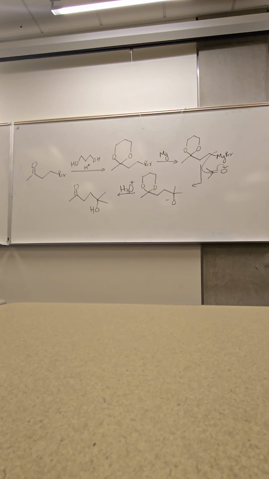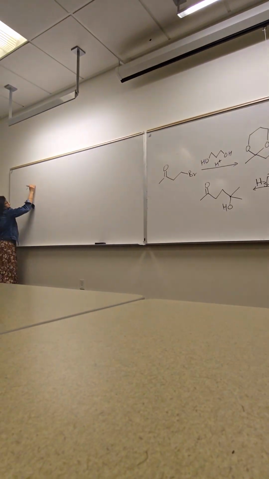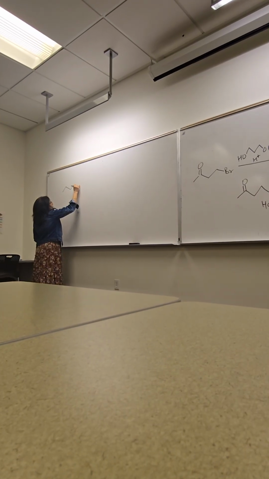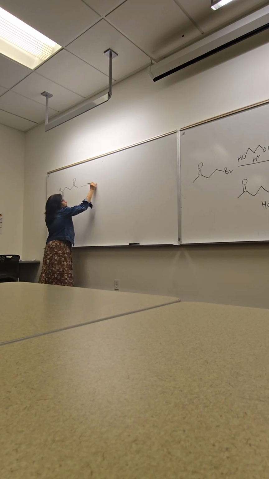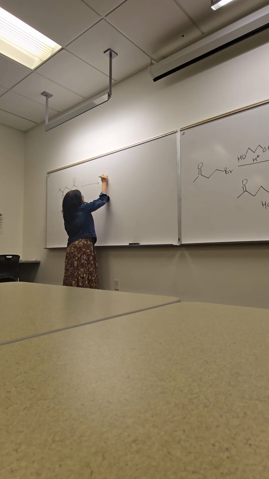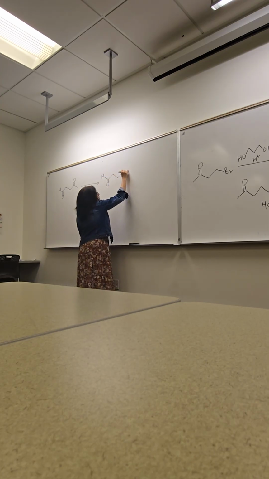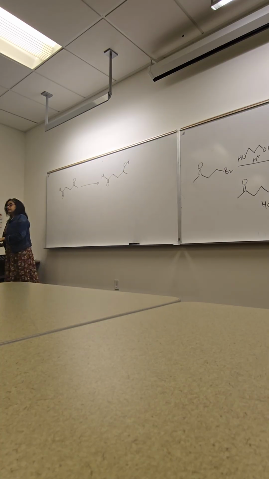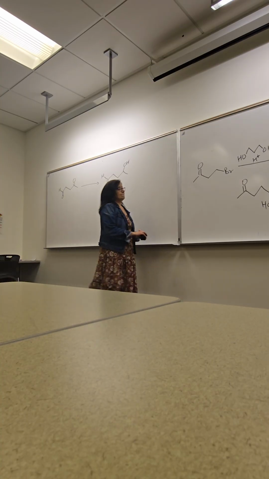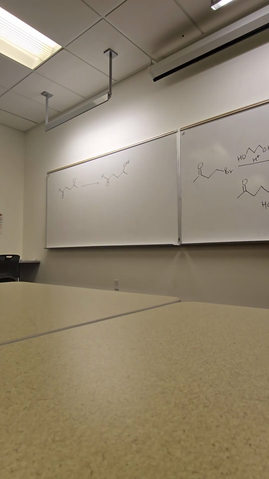So if we had, for example, this compound, and I want to convert it, can I do this? How would I do this? What would I use to reduce a ketone to an alcohol? Anybody?